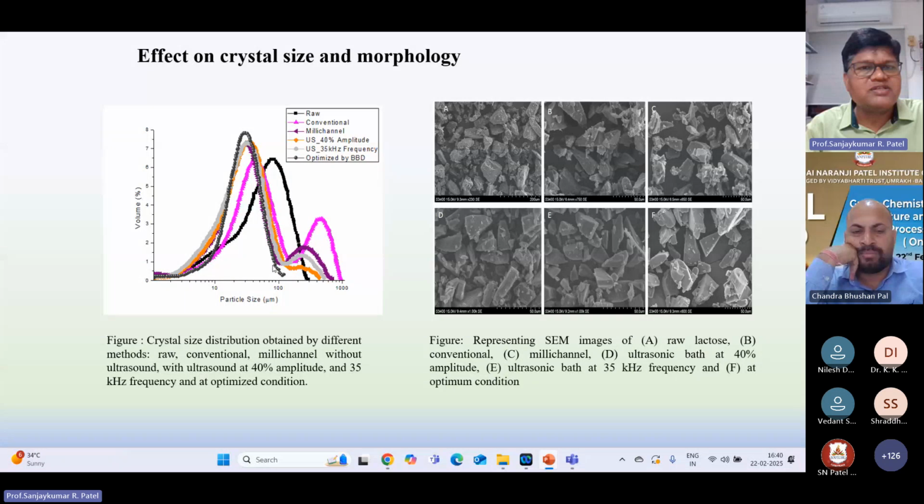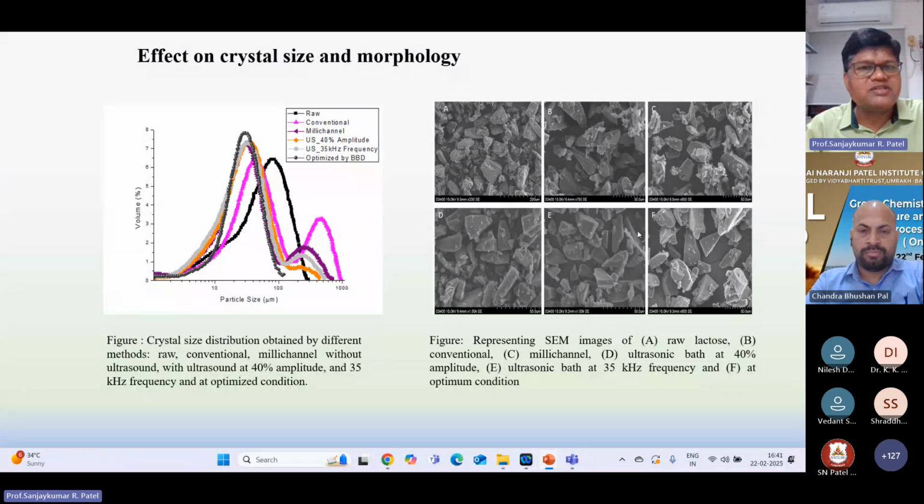So the advantage here is that the uneven size distribution of lactose in all the conventional cases can be made a uniform crystal size distribution, and the recovery of the lactose can also be enhanced. However, in this case, applying ultrasound is not changing the shape of the crystals. More or less, you have the crystal in a tomahawk shape itself.